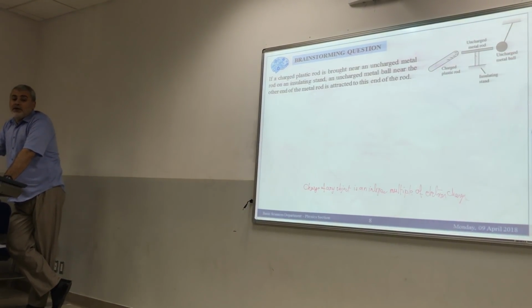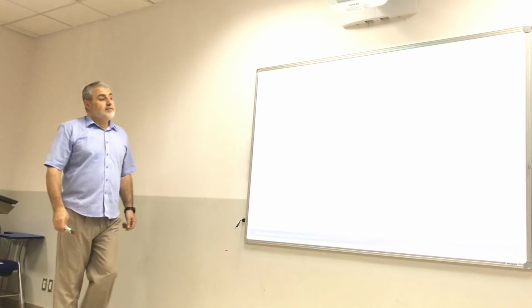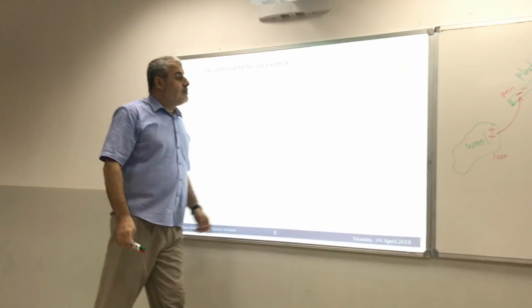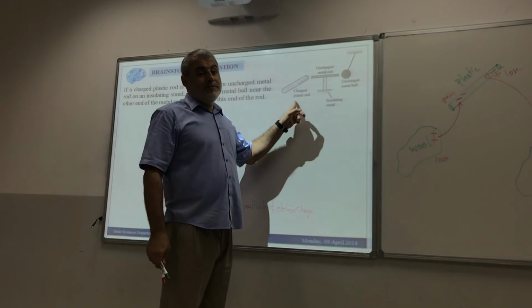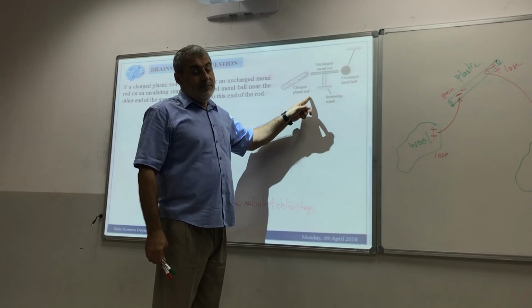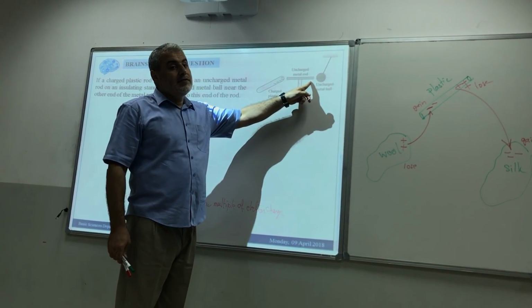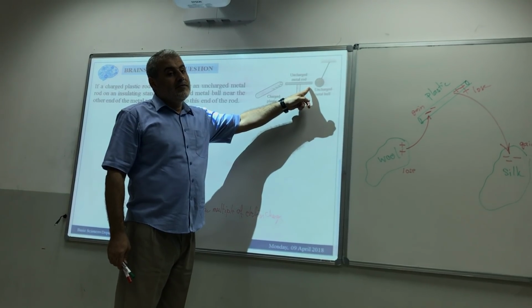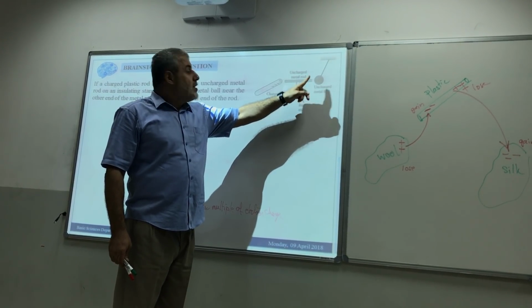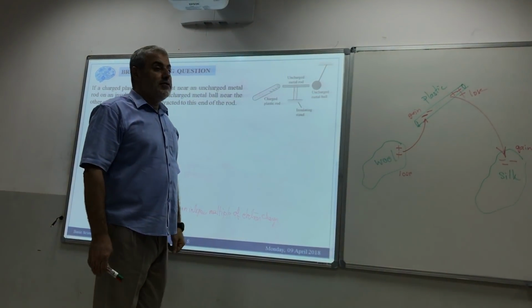Yes, Ahmed. Because the negative charge will be repelled from the rod, and the positive charge will be attracted to the rod. So the negative side will be on the right side. And the same thing will happen, they will exchange.